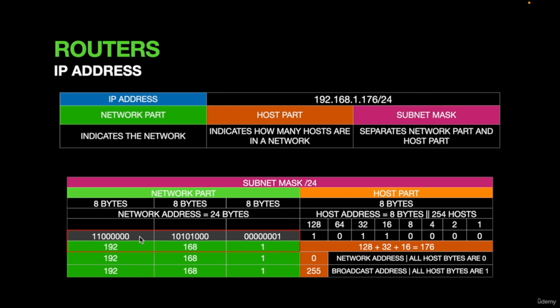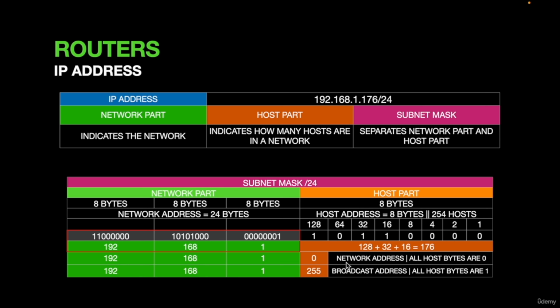We can see here the hexadecimal representation of 192, of 168, and of 1. And for 176, we can easily calculate by listing the bit values, and when we activate a bit, we add the activated values to receive the desired host address. So in this case, 128 plus 32 plus 16 will be equal to 176.